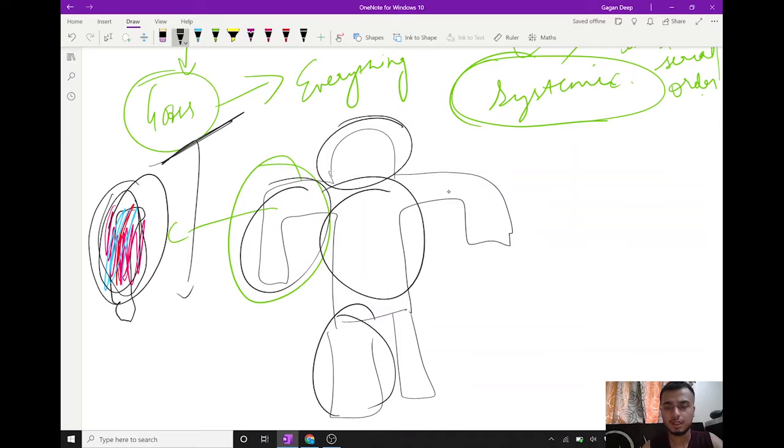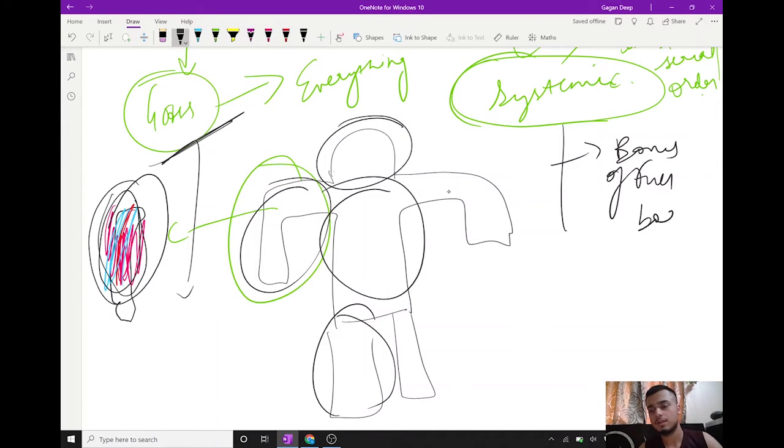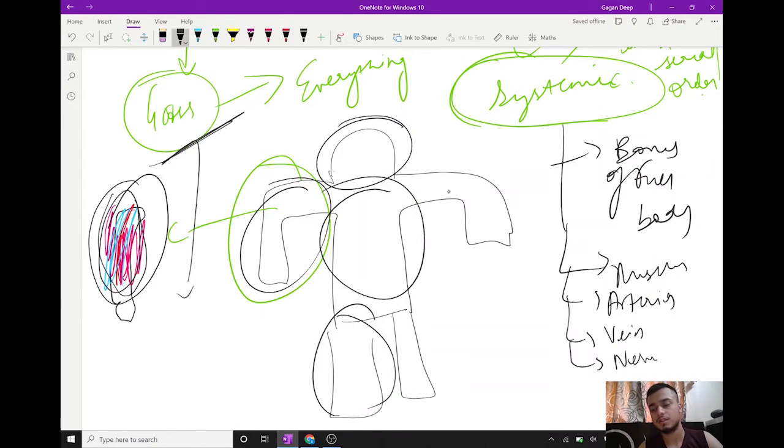In systemic anatomy, first we start with studying bones of the full body, then we study muscles of the full body, and then arteries, then veins, nerves, then the outer layer finally.